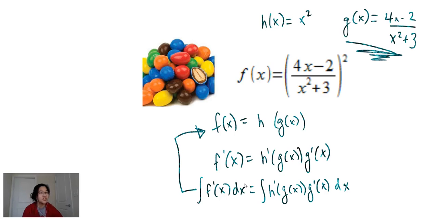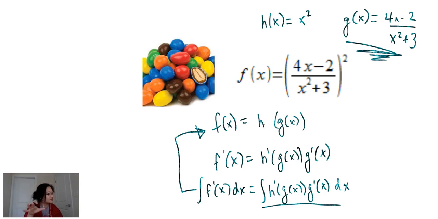The question is, if we're starting here at h prime of g of x times g prime of x, and we can identify what the inside function is, if we can identify the peanut, then we can figure out what our original function was more effectively than just trying to look at it, think to ourselves, what do we do, and just have it fall out of your brain.